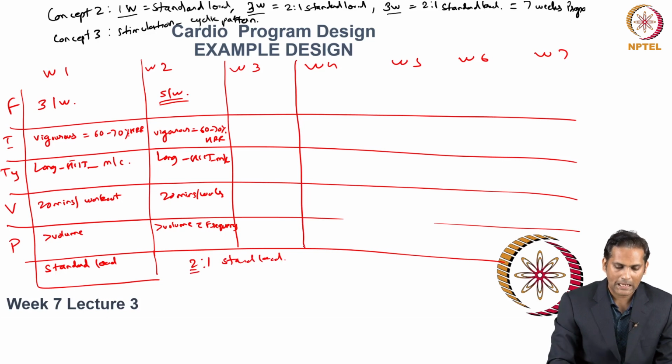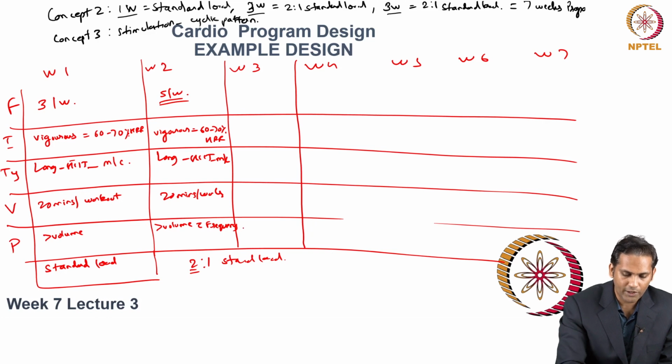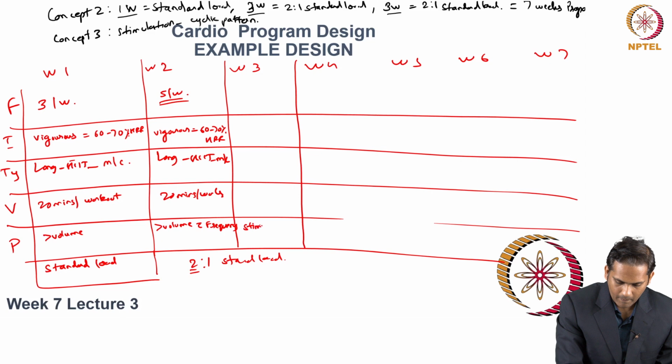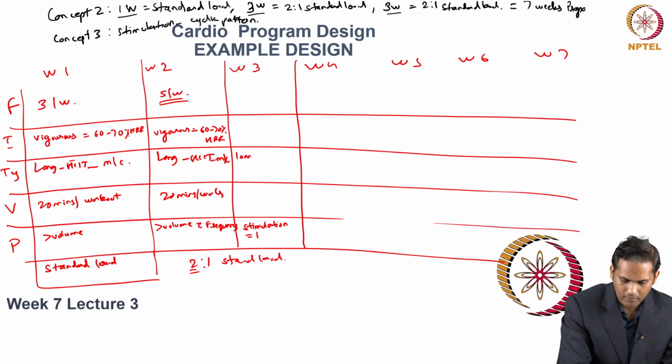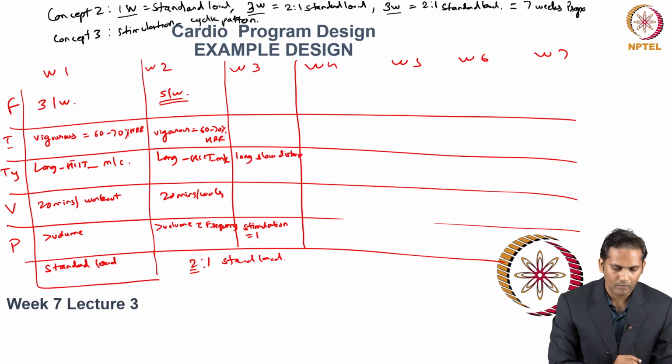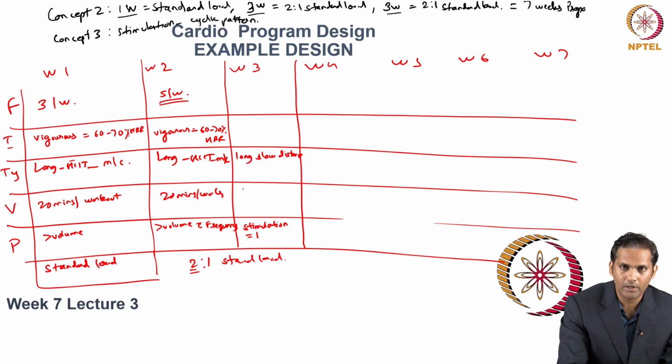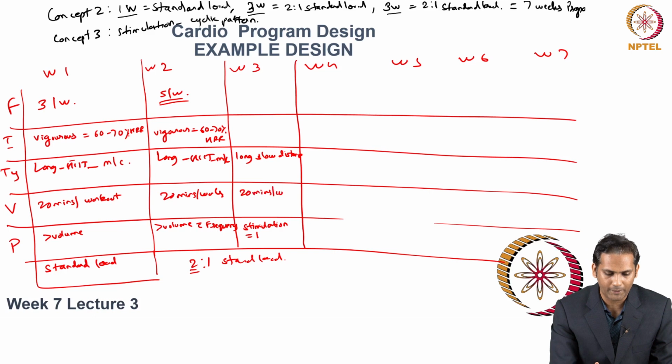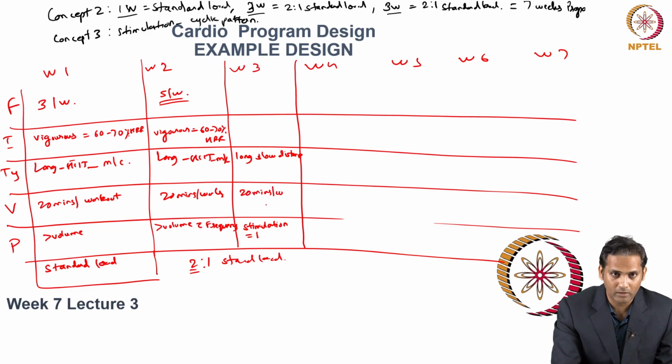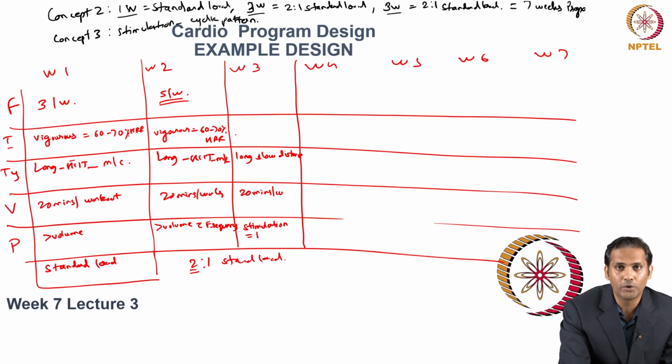Now here I maintain the volume, I maintain the frequency. The progression I gave it with long, slow distance. Here I aim to do the 20 minute bout, but not in an interval mode, but in a continuous manner. Considering it is continuous, vigorous intensity would be difficult for me to maintain.